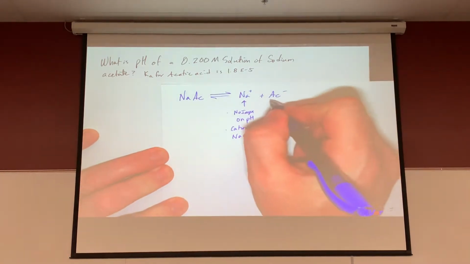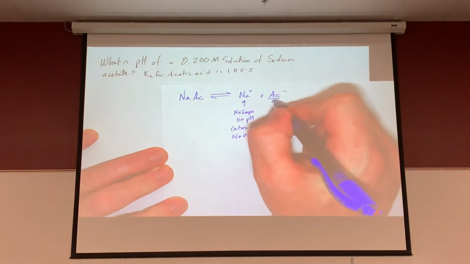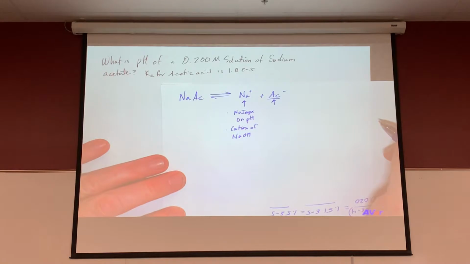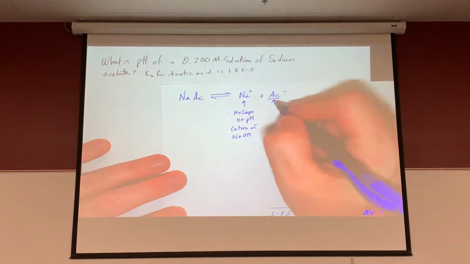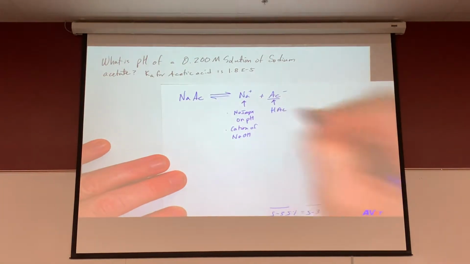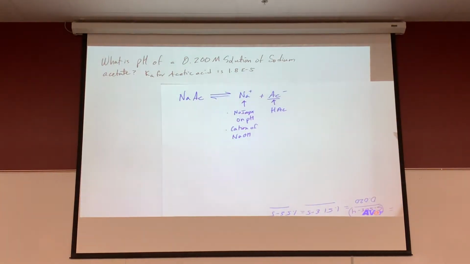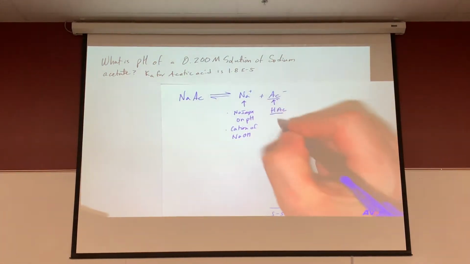Then, when you're looking at the acetate ion, the question is, does that react with water? And if you're not sure, add an H to it, so you think about it as acetic acid. Is that a strong acid or a weak acid? Weak. Okay.